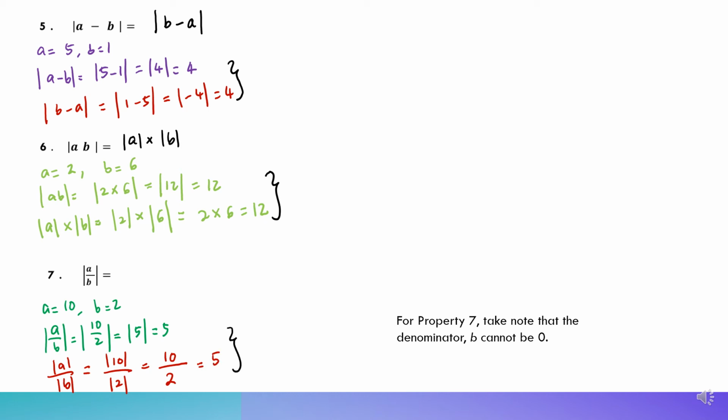Comparing these two, I can now write modulus A over B to be equal to modulus of A over modulus of B. For property number 7, take note that my denominator B cannot be equal to 0, because any number divided by 0 is undefined.